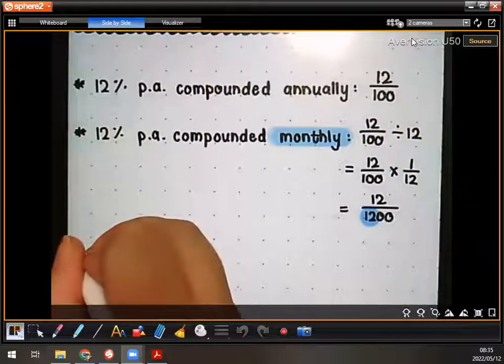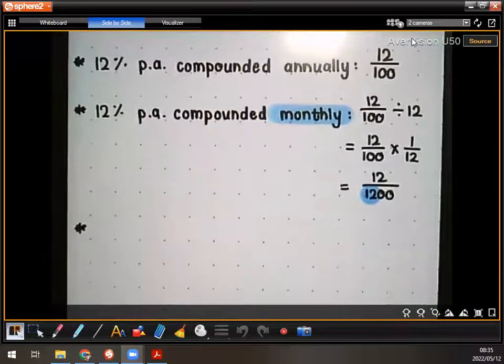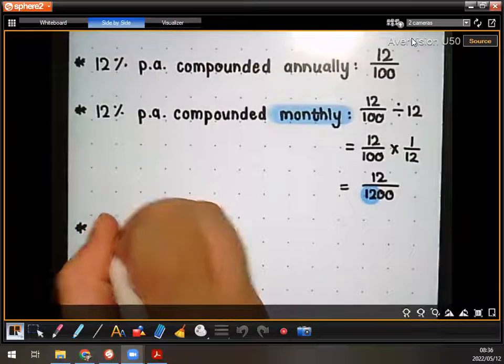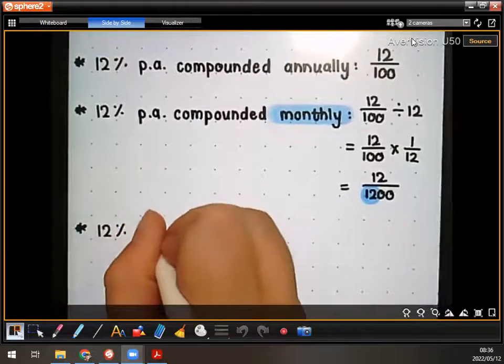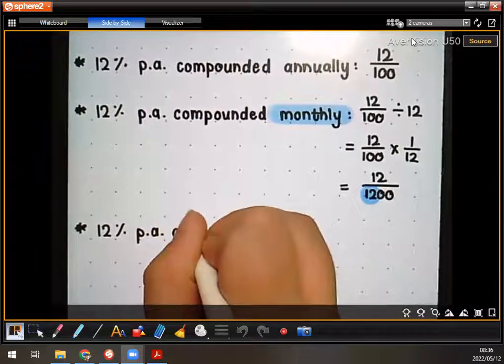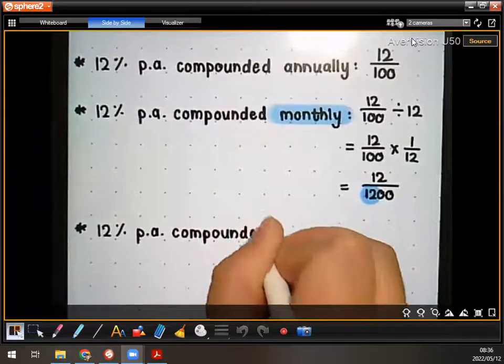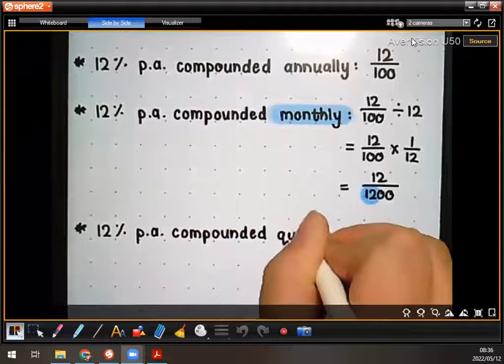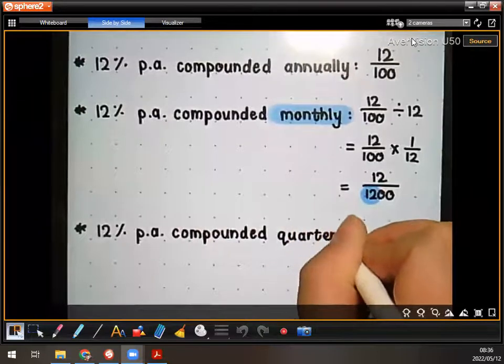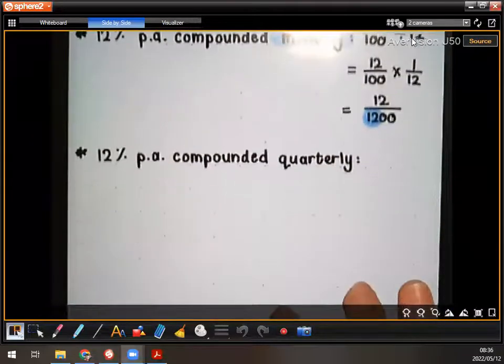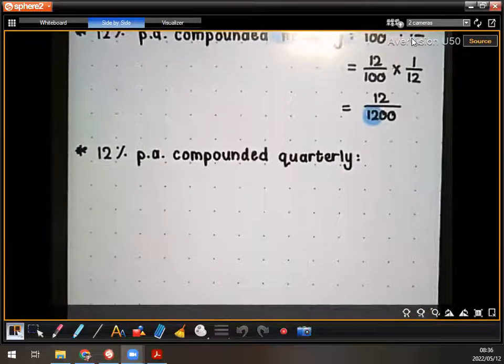If you are using an interest rate of 12% per annum compounded quarterly, that's also quite a common one. How many quarters are there in a year?